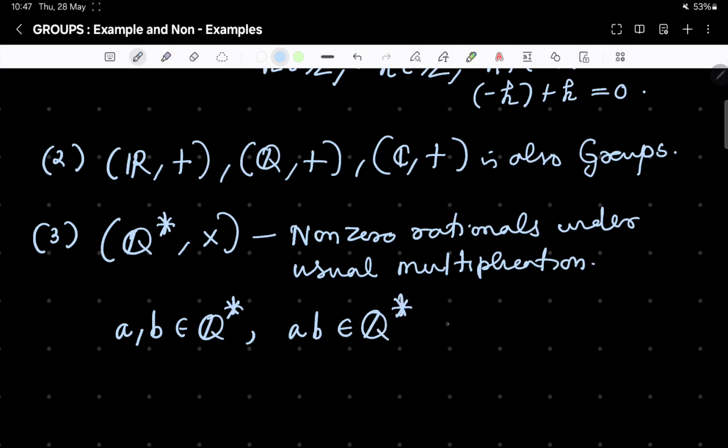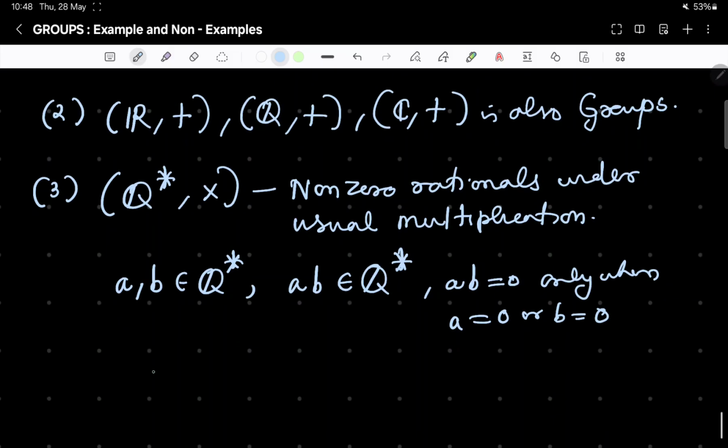Why? The product is 0 only when one of them is 0, either A equal to 0 or B equal to 0. Because both are non-zero, you will not get the product 0. That means the product is always a non-zero rational. So the closure property is there.